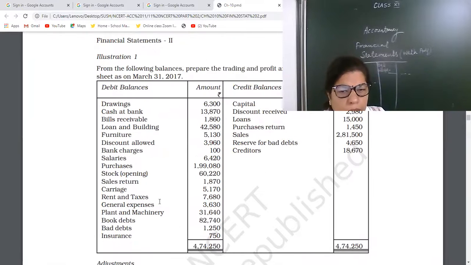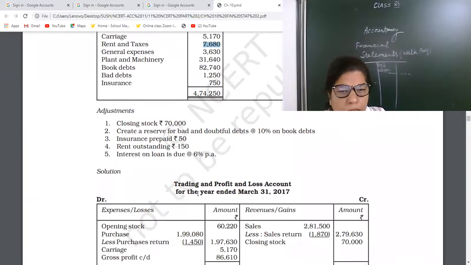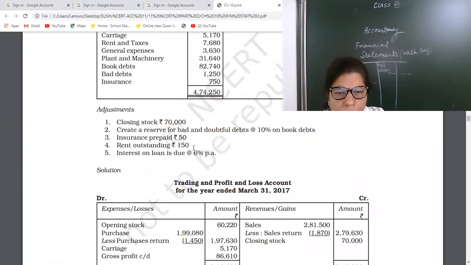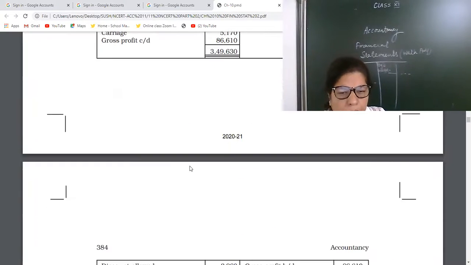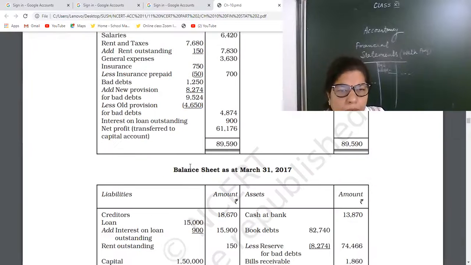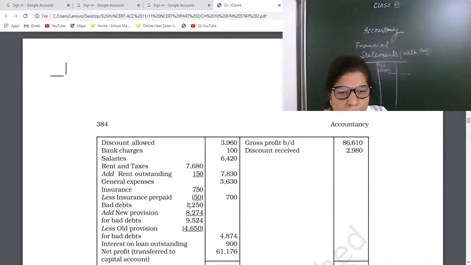Rent is 7680. Now outstanding rent is 150. This 150 should be added. Why should 150 be added? Because this outstanding is related with the current year.